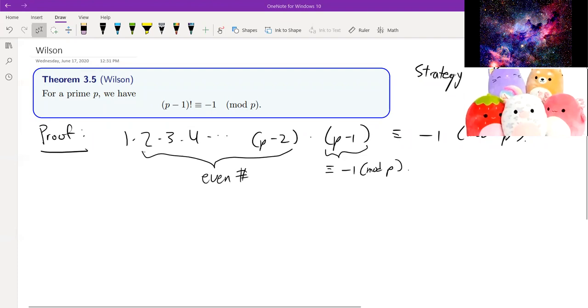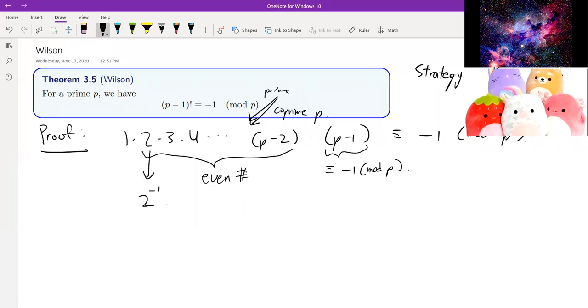So we actually know that because these numbers are here and p is a prime, all numbers in here should be co-prime with p, meaning they share no common factors. So any number like 2, for example, has an inverse that definitely exists because 2 is co-prime with p.